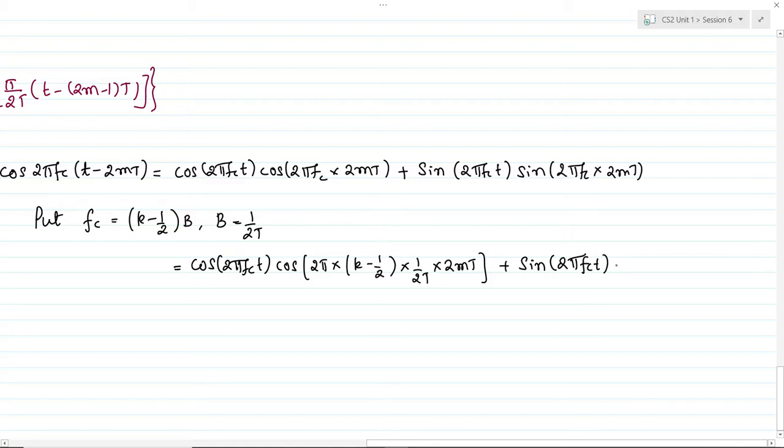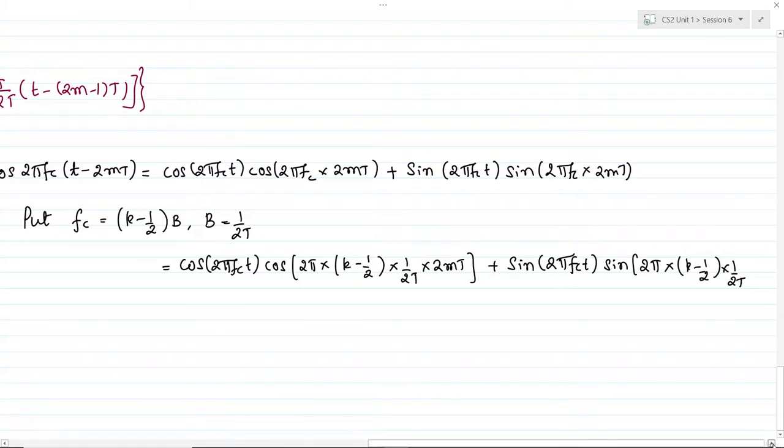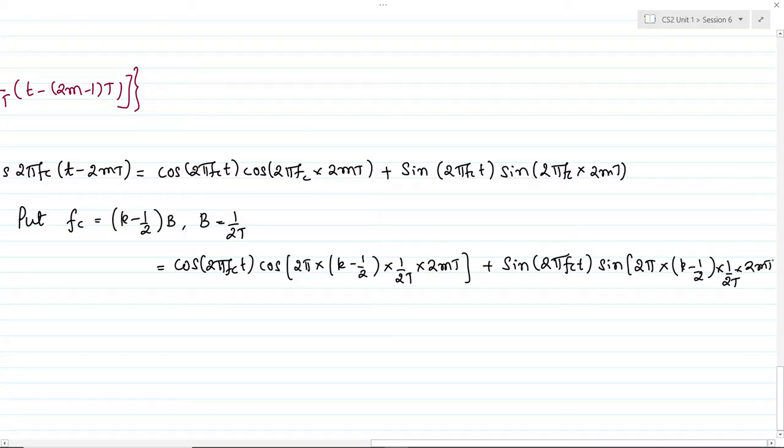Let's cancel a few terms here. The t gets cancelled, and the 2 and 2 in the denominator also get cancelled. This will simply become m pi times 2k minus 1. So this is cos of m pi times 2k minus 1 and sine of the same argument, m pi times 2k minus 1, which we have proved earlier is represented as minus 1 per m for the cosine, and for all values of m and k the sine is 0.